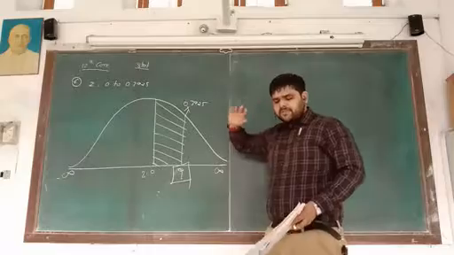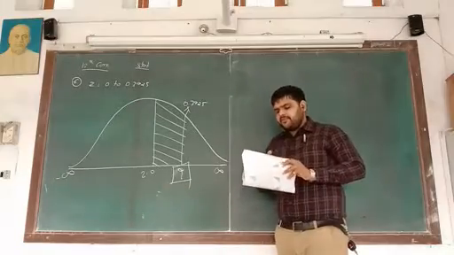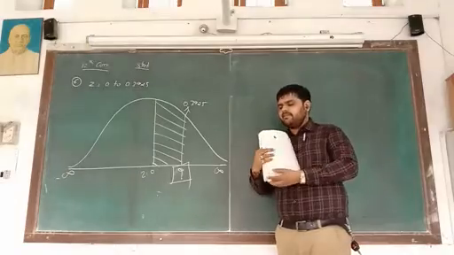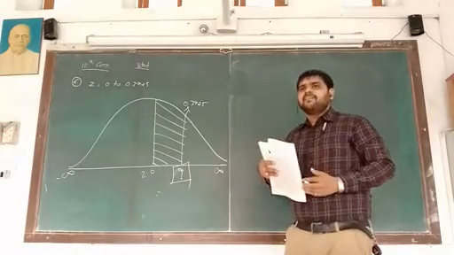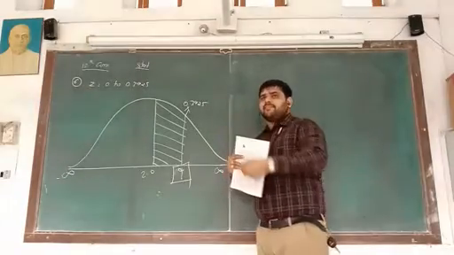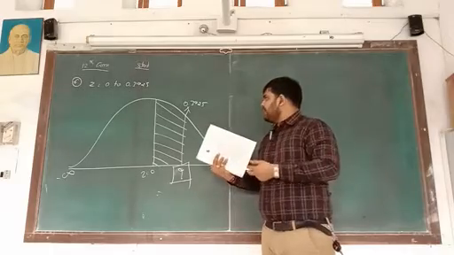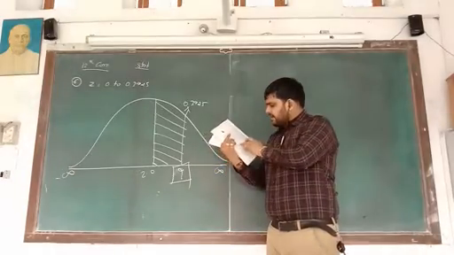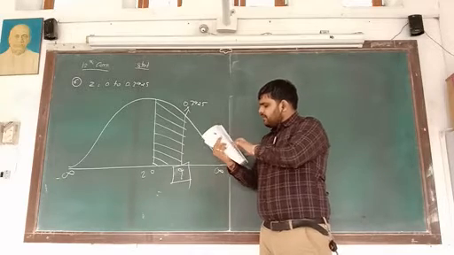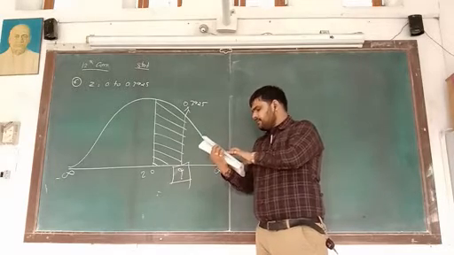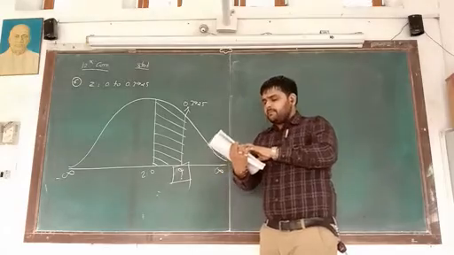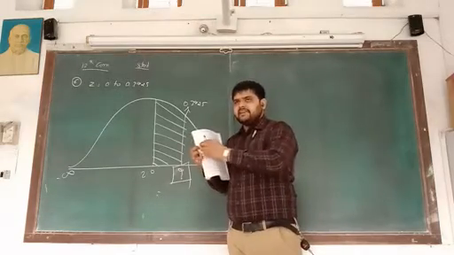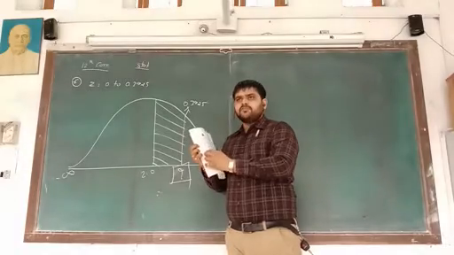Simple. Open the last page of your textbook. Whatever we find, on the basis of the answer we have to find the question. Let's see 0.3925. Pick z in the z column, let's see 1.2.